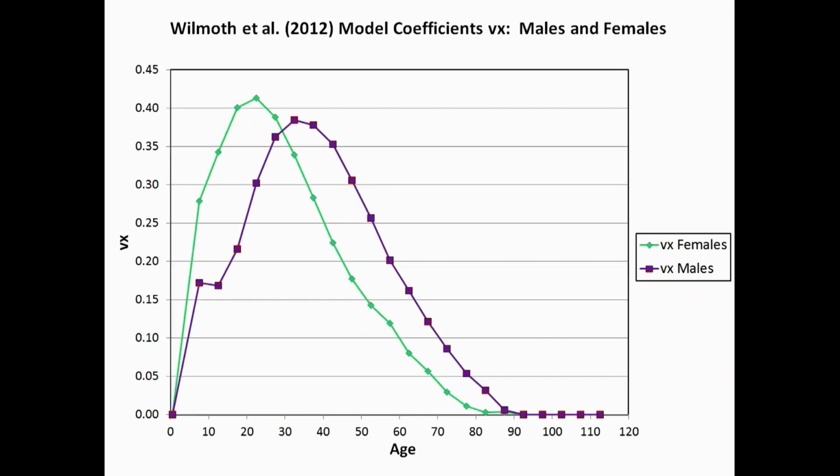Finally, we have Vx, which is the coefficient of the K parameter, and it's something that does not look like an upside-down mortality schedule or a right-side-up one. We see that it takes values of 0 in infancy and ages 90 and over. It's not ascertained at ages 1 to 4.